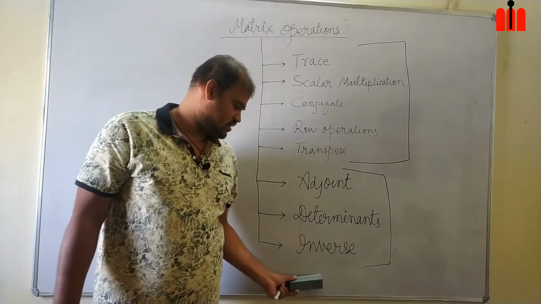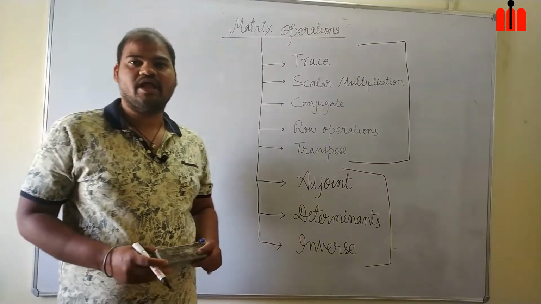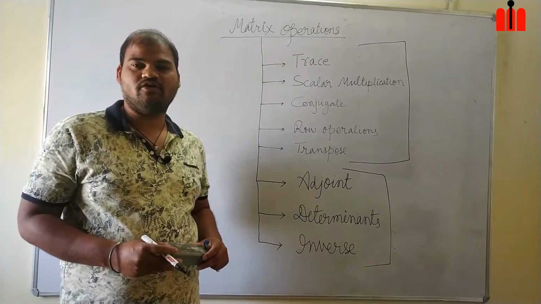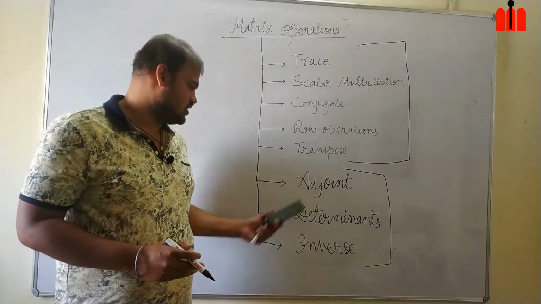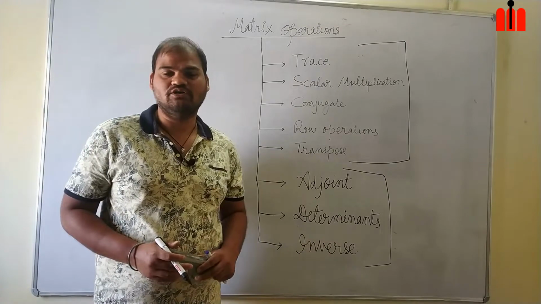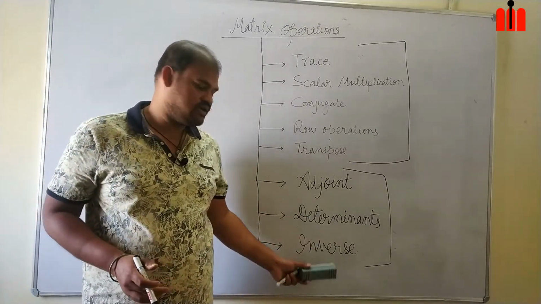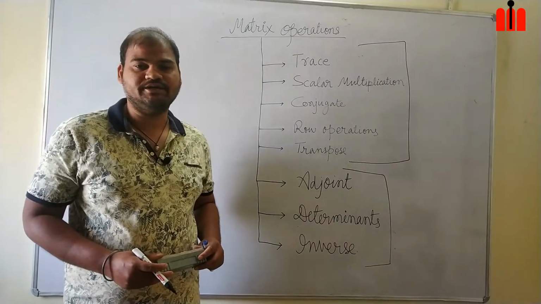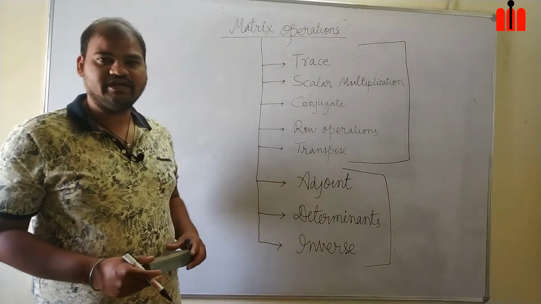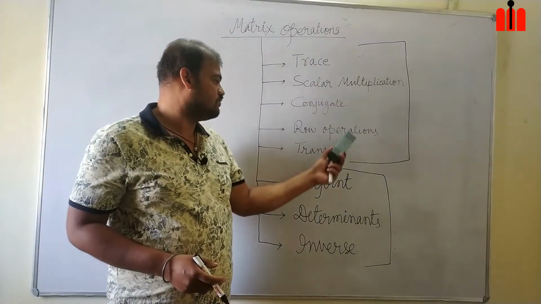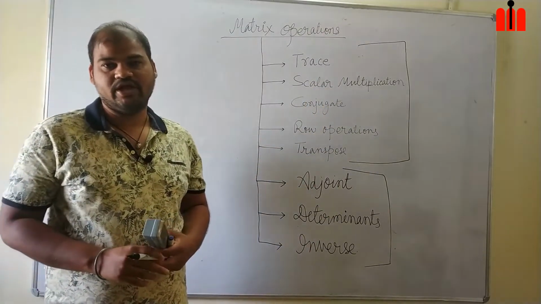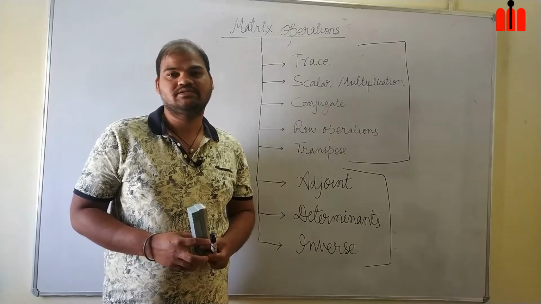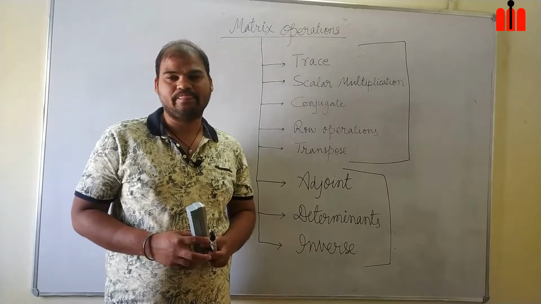Inverse is a very important operation for a matrix. So these 3 are focused on finding adjoint and determinant, and after that we will see how inverse works out. Today we will complete these 5. With this we have laid down today's class.